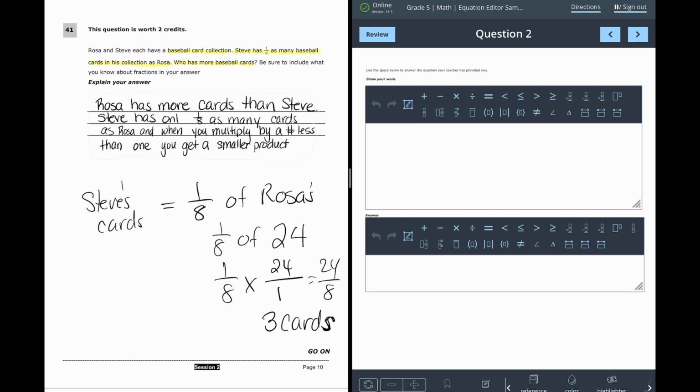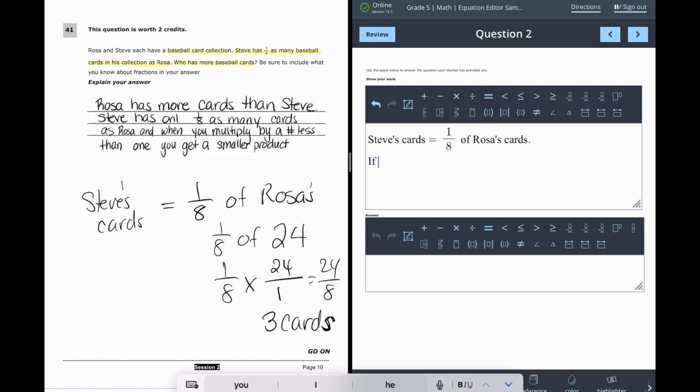So what I might do in the show your work part is I might show Steve's cards are equal to 1/8 of Rosa's cards.